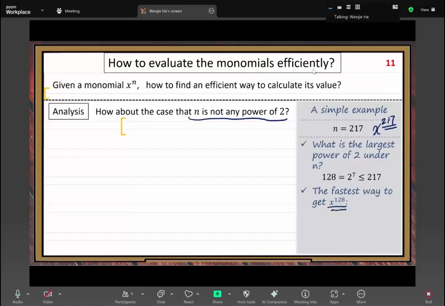How to get this number? 128 is a power of 2. We can keep doing the square operations to get this number. So you can see we need to do 7 multiplications to get this number. The reason is 2 to the 7. The number of multiplications you need is this exponent, 7.